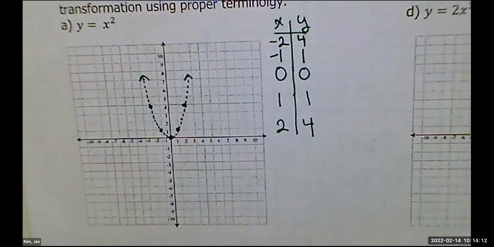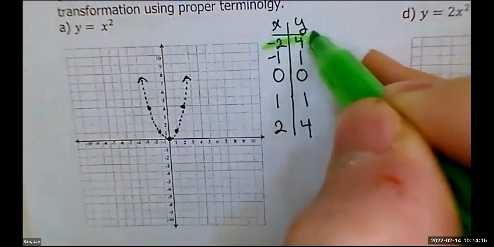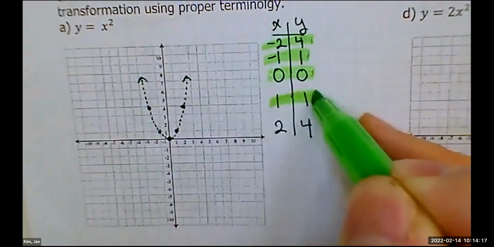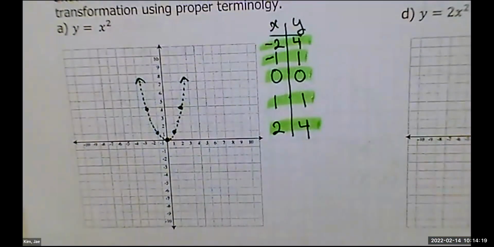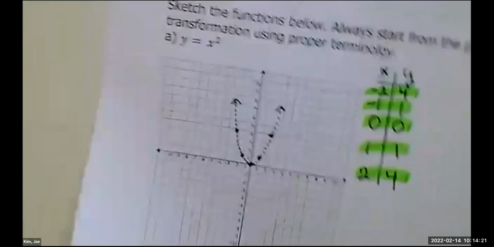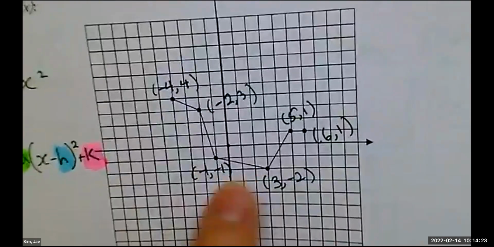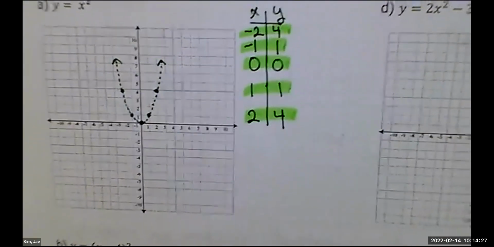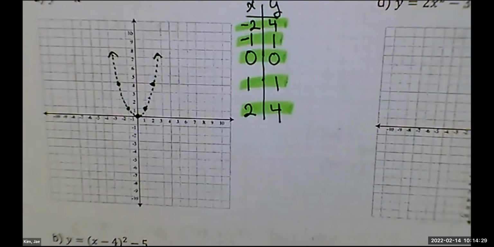And lo and behold, these points will also help you. These 5 points are exactly like what I started with here. I gave you 6 points. This time we're working with 5 points.